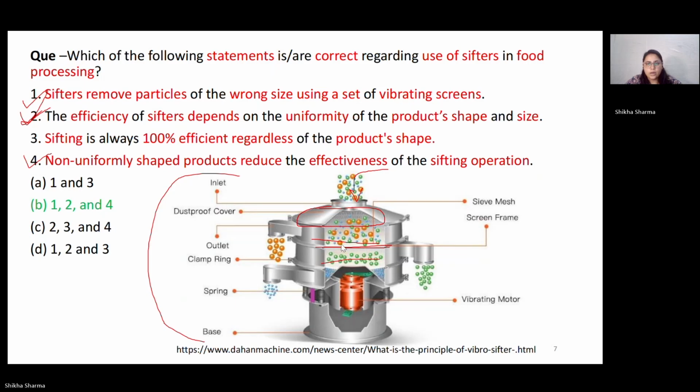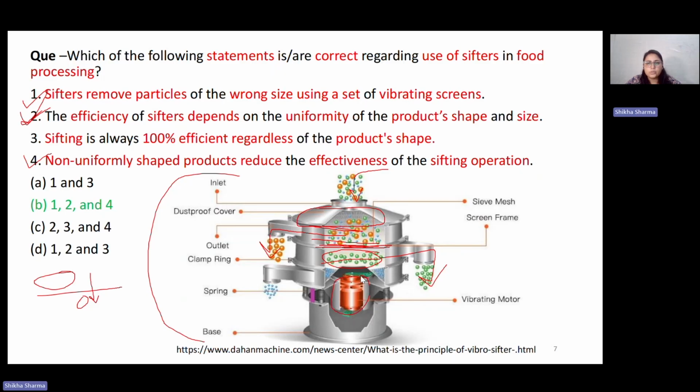Here the sieving operation takes place. Particles greater than the mesh size stay at the top of the screen, and the smaller particles pass through the mesh and come down. The larger particles are collected here as an outlet, and the smaller particles are collected from here. And here is the vibrating motor.